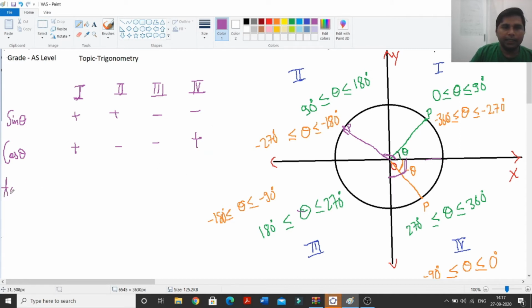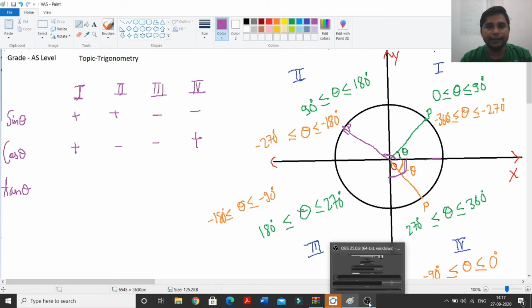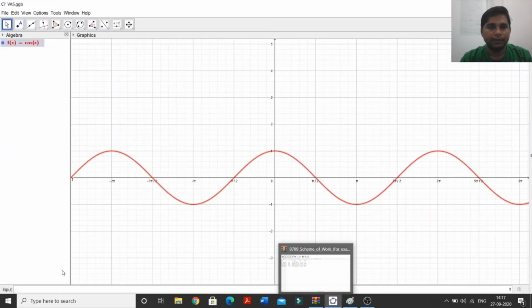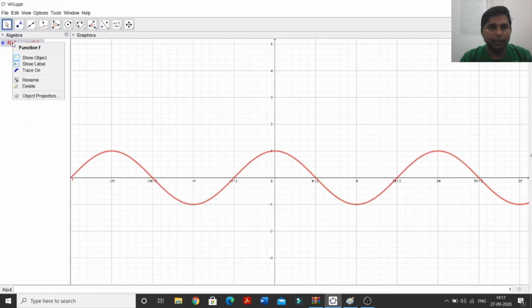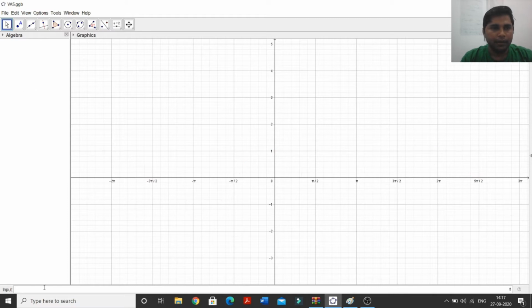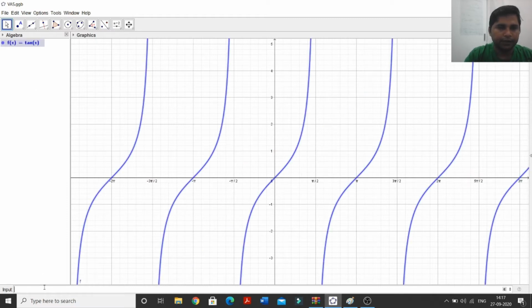Another is tan theta. So let's sketch the graph of tan theta to analyze. So this is a graph of tan theta. Between 0 to 90 it is above the x-axis, meaning it is positive.